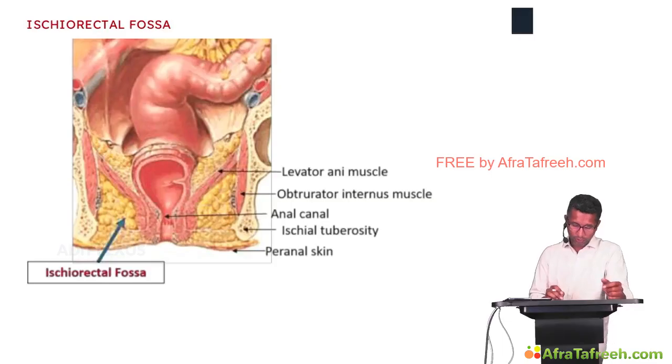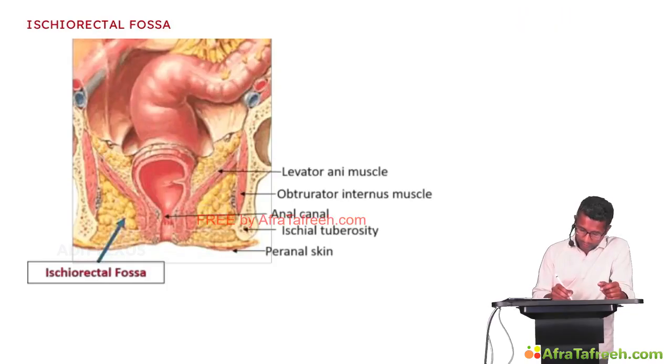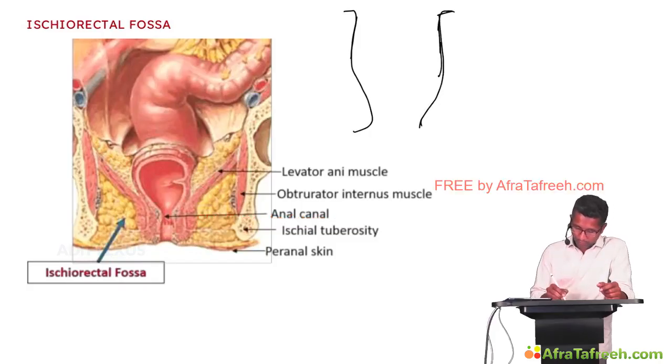I'll make a simple diagram so that you can understand the structures very well. This is the anal canal. This anal canal passes through an opening in a diaphragm, the pelvic diaphragm.